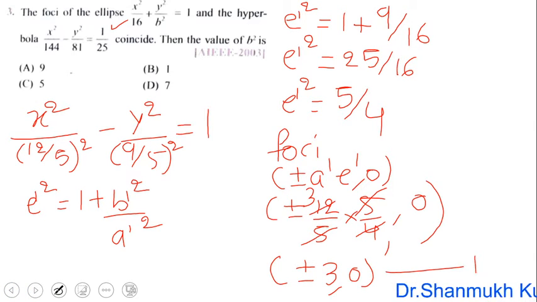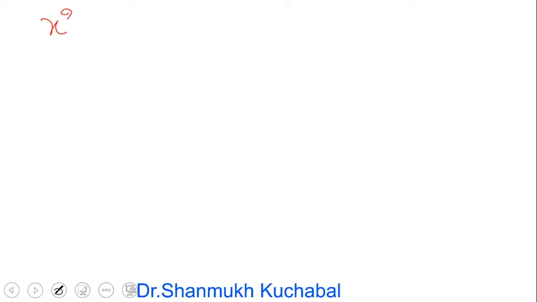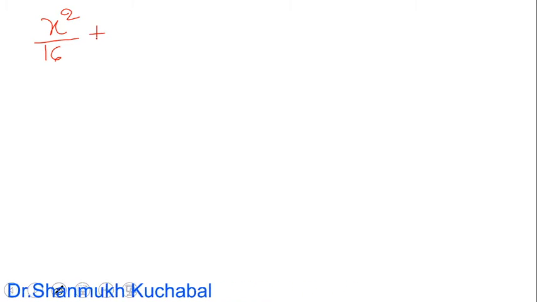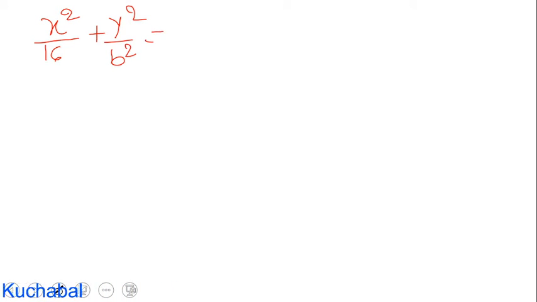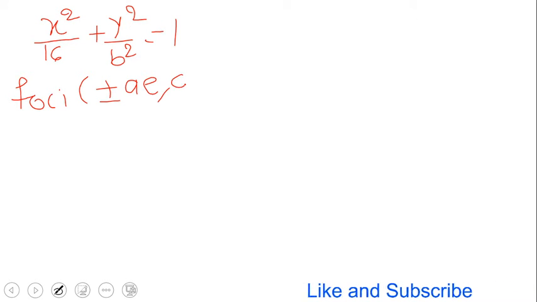I call it equation 1. Then we'll take the equation of the ellipse now. The ellipse is x square by 16 plus y square by b square equal to 1. Further, the foci is given by the formula plus or minus ae comma 0.